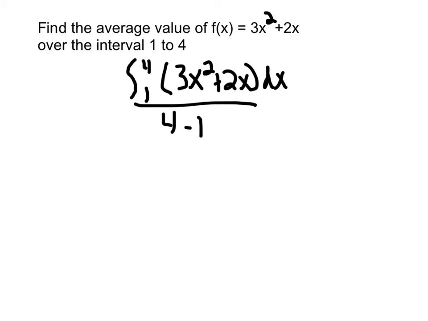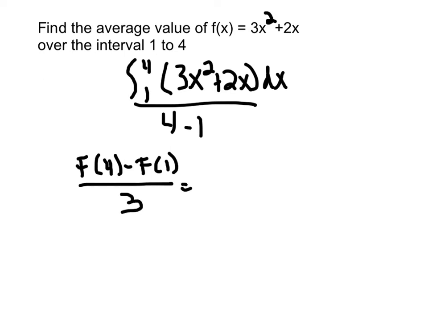So I evaluate the integral on the top. That's going to be big F of 4 minus big F of 1, over 3. I find the antiderivative for that integral. The antiderivative, big F of x, is equal to x cubed plus x squared.